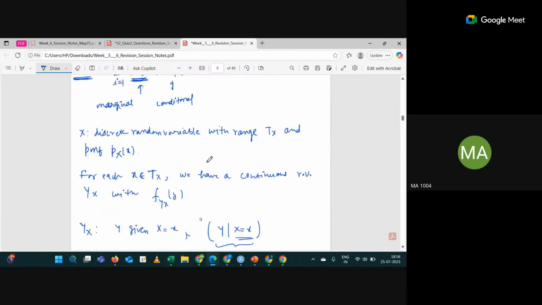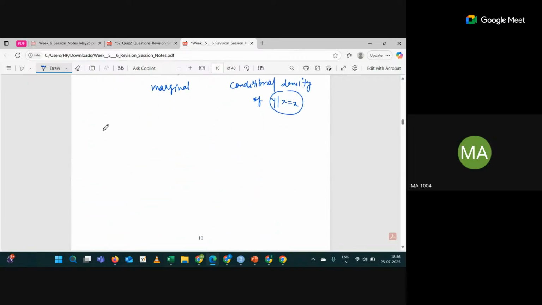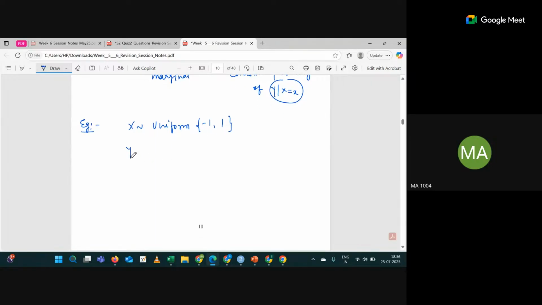Suppose x is discrete uniform with two values, let's say -1 and 1. And the conditional y given x equal to -1 is given to us as, let's say, again uniform, but this is the continuous uniform on -2, 2.